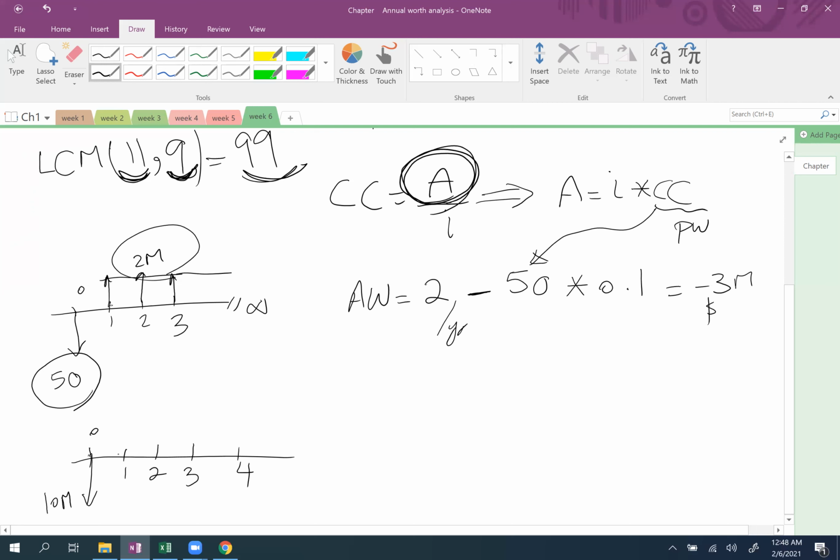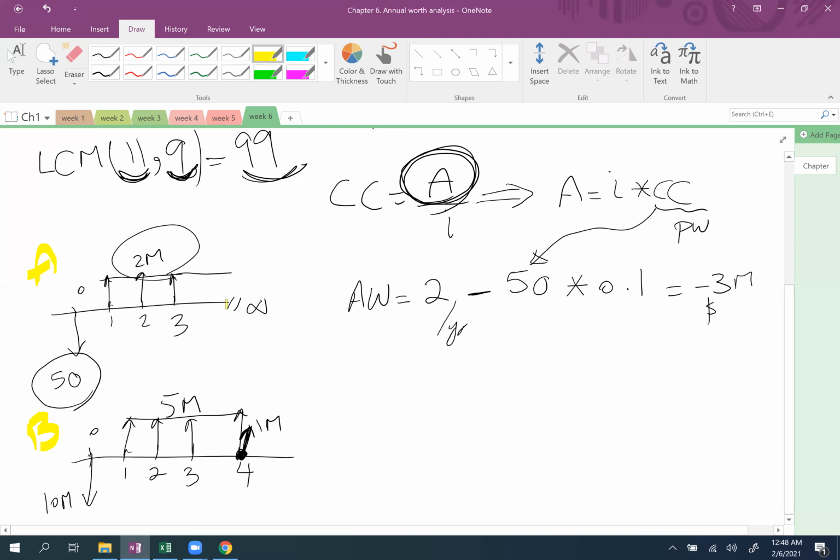During each year it gives you, for example, $5 million in benefits, and you also know that after year 4 you will have a salvage value equal to $1 million. So as you can see, if I want to compare alternative A with alternative B, these projects have different lifetimes.